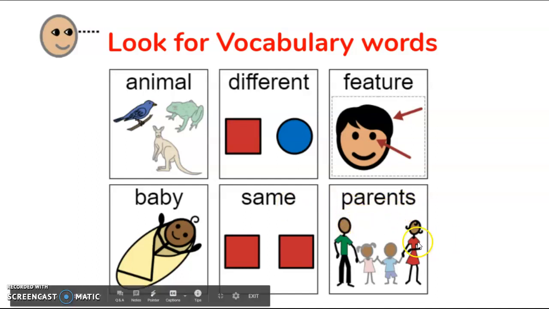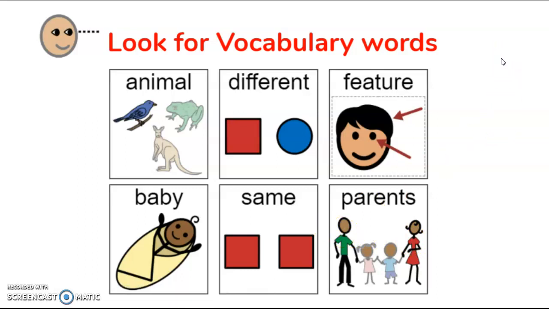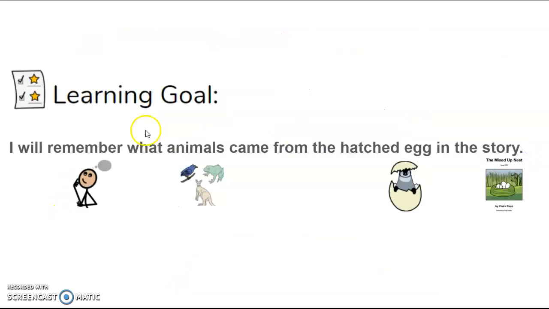Parents are mom and dad. If you see any of these vocabulary words, please point them out, okay? All right, let's turn the page. And our learning goal today is, I will remember what animals came from the hatched egg in the story.